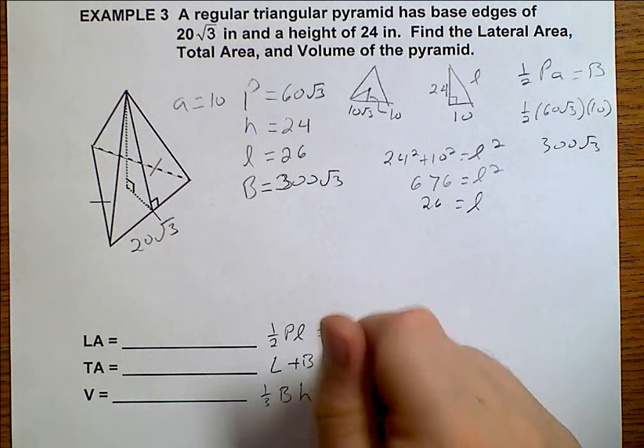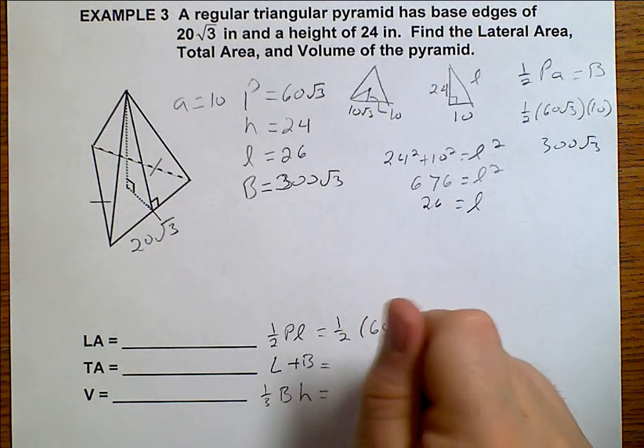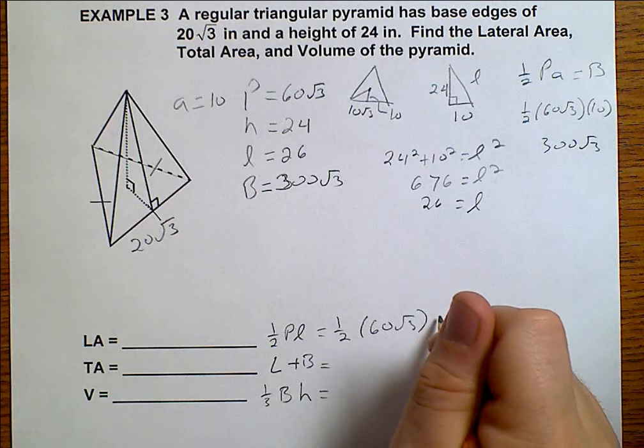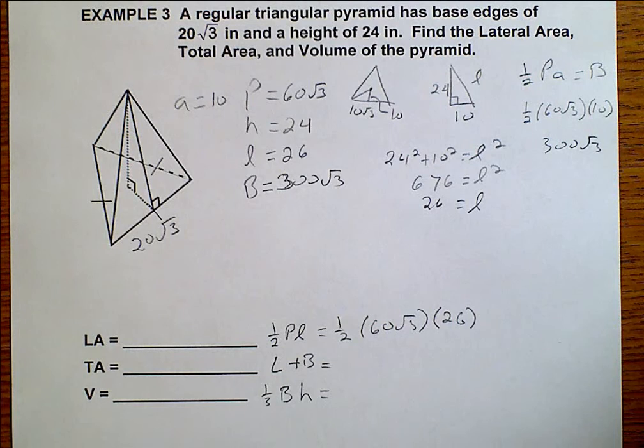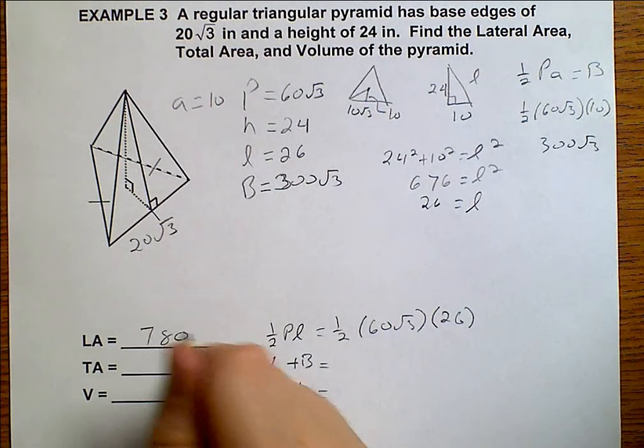So that'd be 1/2 times 60 on the square root of 3 times 26, equals 780 on the square root of 3.